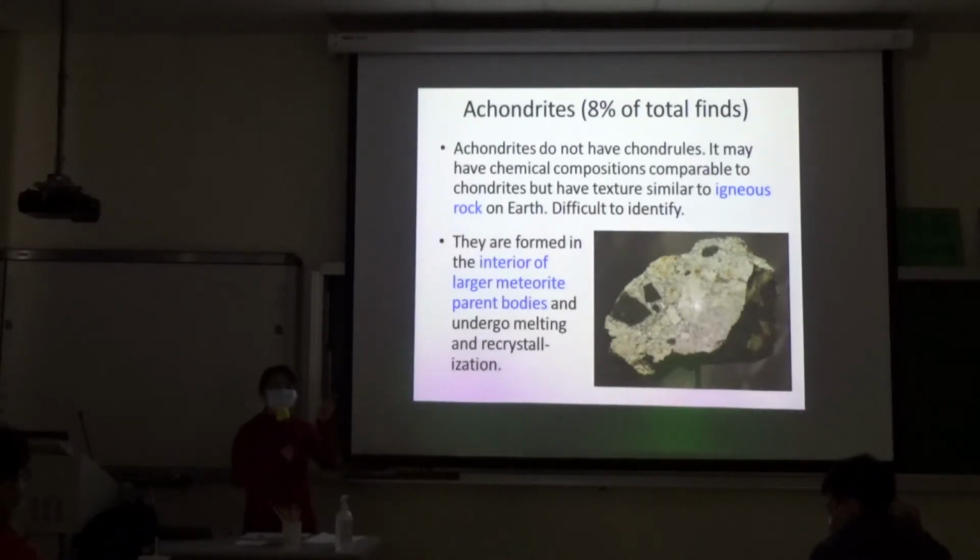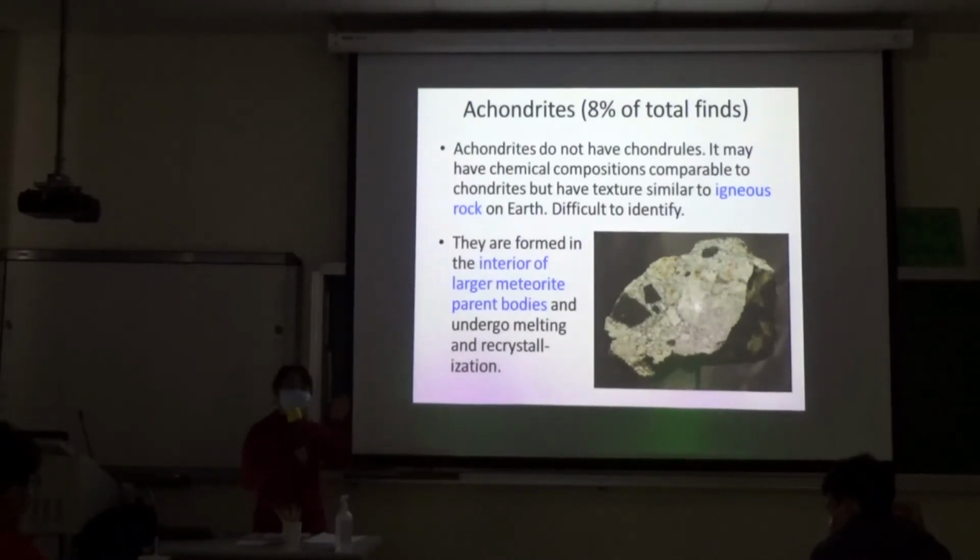Chondrites means the nebula material condensed and just condensed. They probably formed a very small piece of rock. And they do not undergo some kind of plate tectonics. There's no plate tectonics in a very small body of rock. And then they enter the atmosphere of the Earth and we find them.